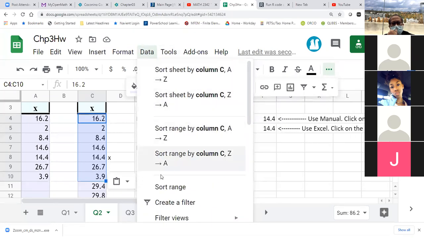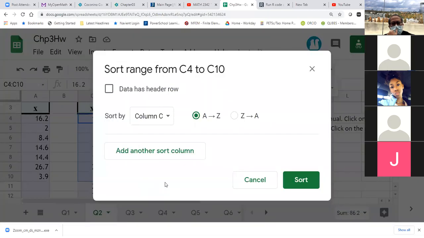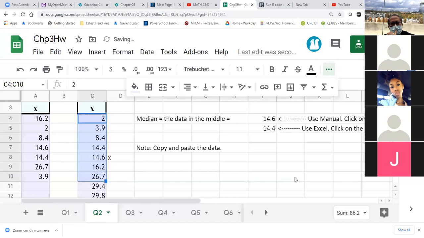I think you need to go here. Sort range. Okay. Only A. Sort by column C. Okay, let me see. Yeah. So you can see it's only sorting this one, right?